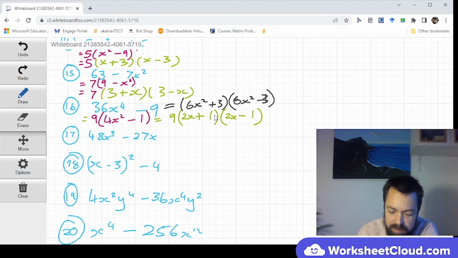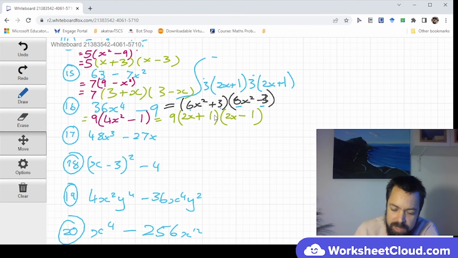I'm going up instead of down. All right, so I'm going to take out 3 from there. So 3 at the front, that leaves me with 2x plus 1. And I'm going to take out a 3 from here as well. So times 3, 2x plus 1. If I then combine my two 3's, I get 9 times 2x plus 1.